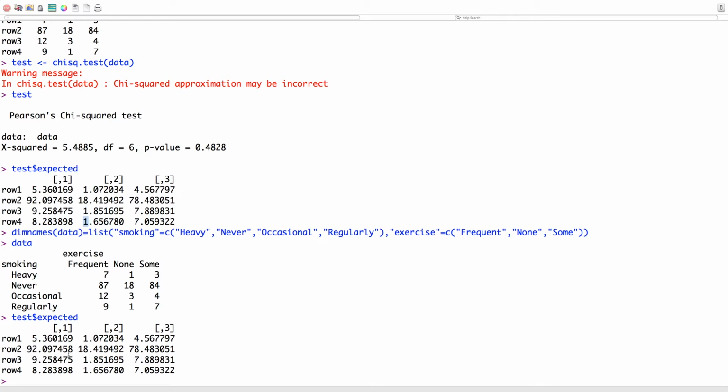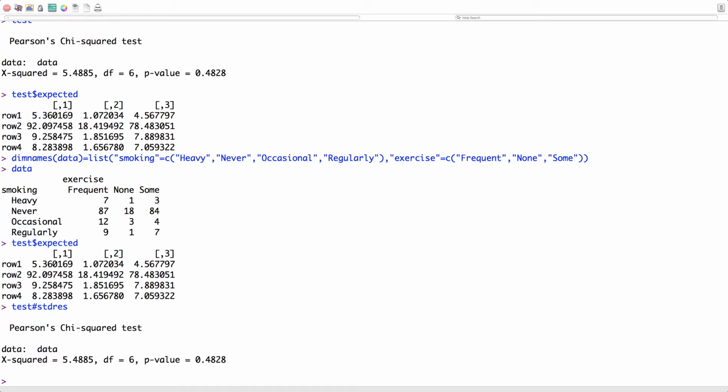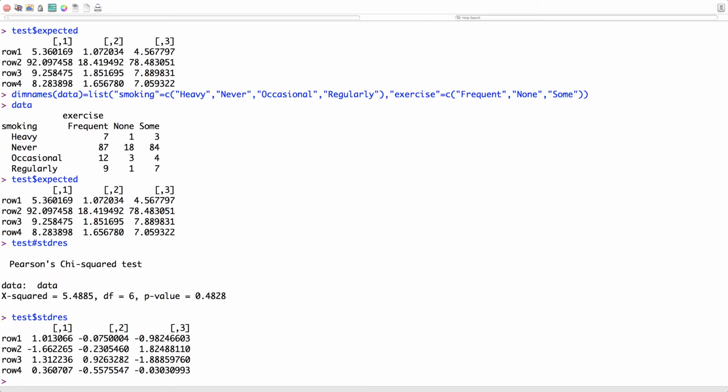Now, let's get into the standardized residuals. So if I go test$stdres, I'll get the standardized residuals. Oh, shoot, just a $. Here we go. So we get the standardized residuals.